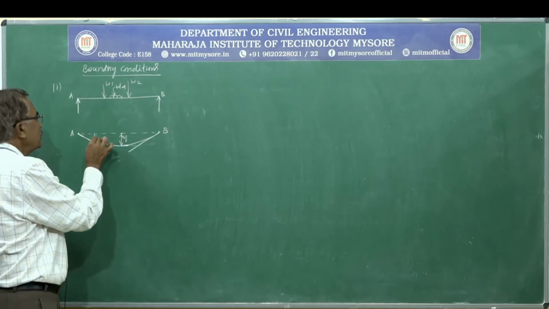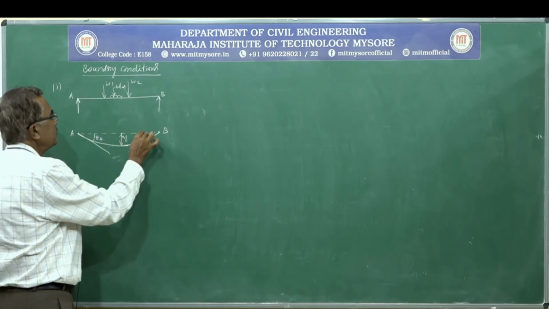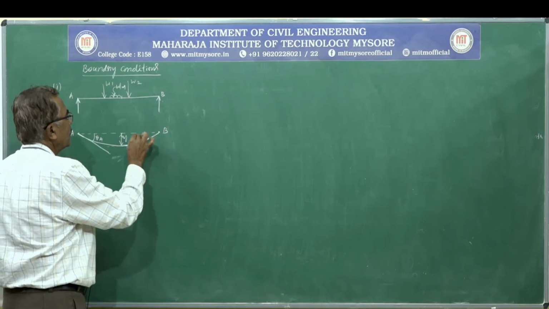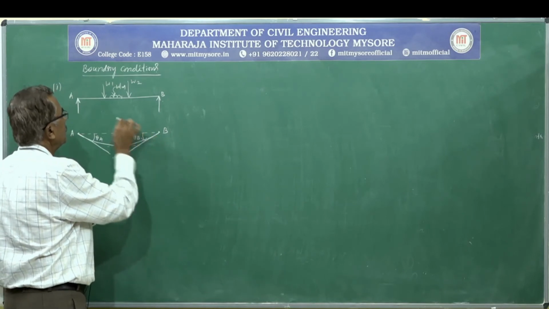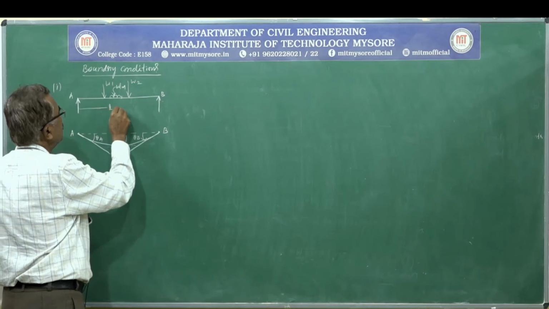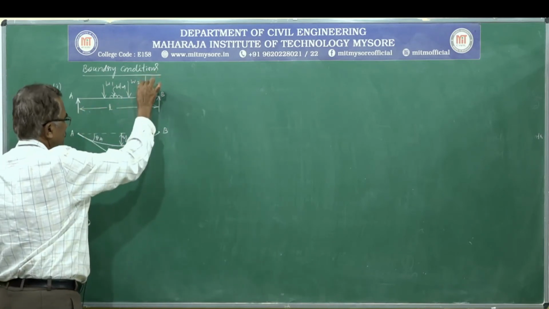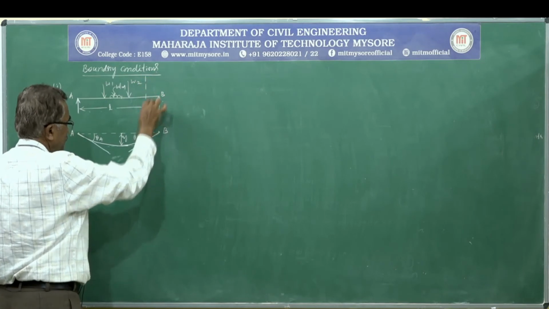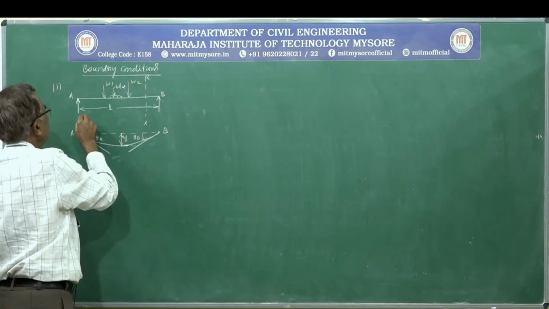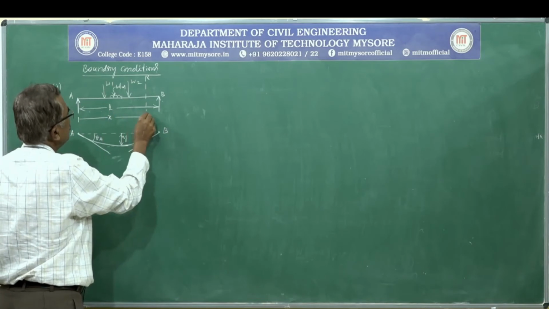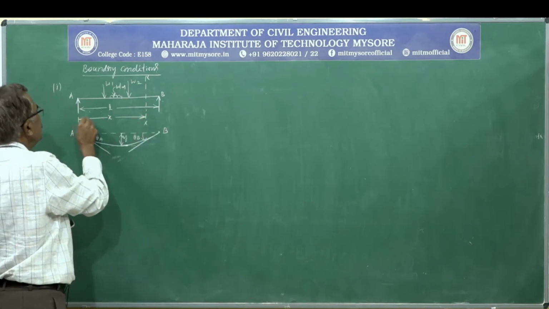So this is the rotation theta A and this is theta B. So L. We select a section here at x. X is equal to this one. X varies from 0 to L.